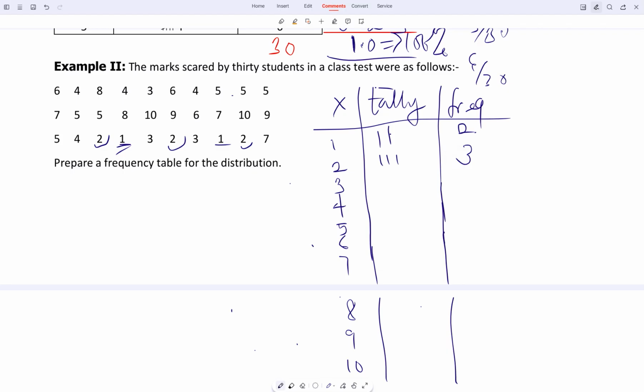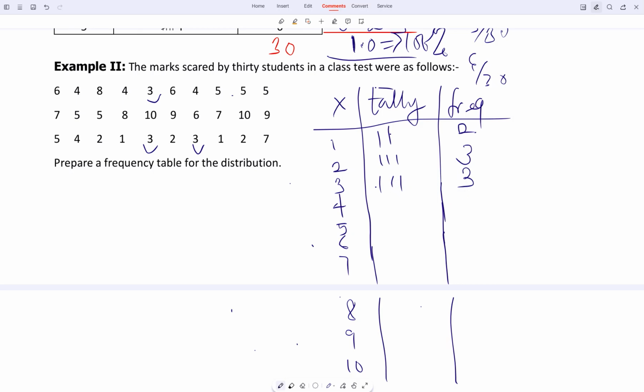Then the next number is 3 now. How many times do we have 3? 1, 2, 3. Then 4.